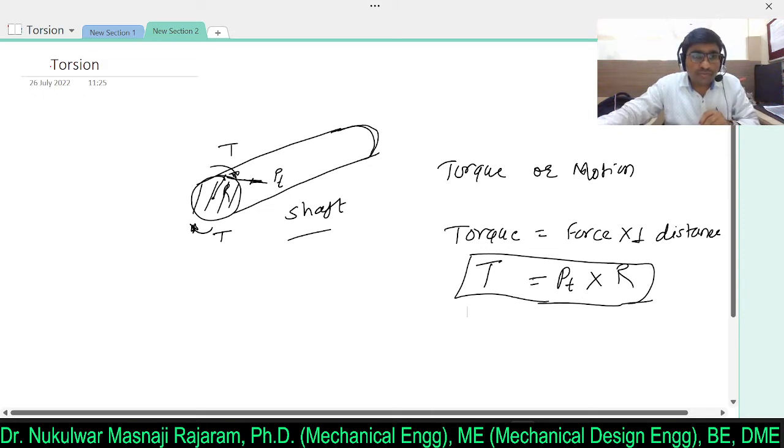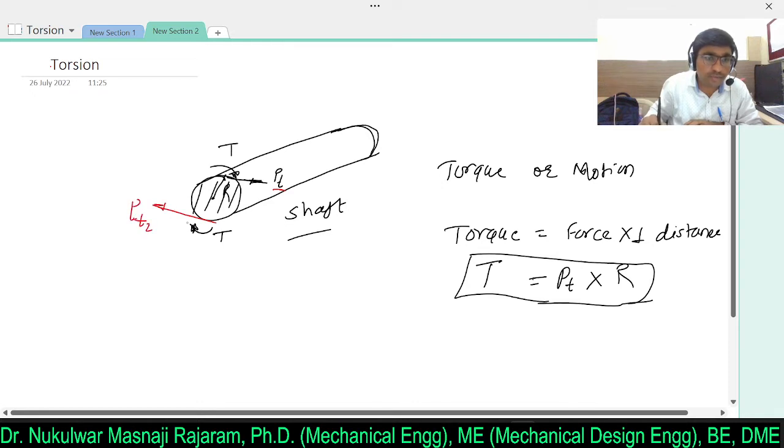So if you apply two tangential forces, let's say tangential force 1 and tangential force 2, at a distance of radius r, then what will happen? We will get the maximum torque, because r is the maximum radius of this particular shaft.